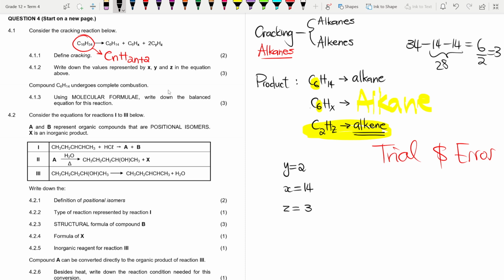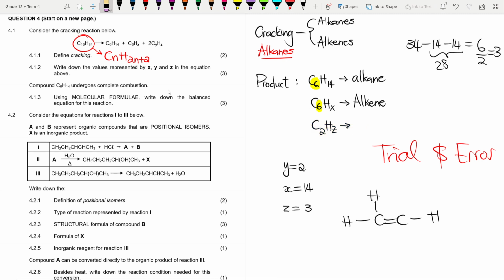And 3 doesn't work out. I'm sure you can see that if I have C, I can't just have 3 hydrogens, even if it's an alkene. There's something missing. So this means X is definitely not 14, so X is not an alkane, it's an alkene.